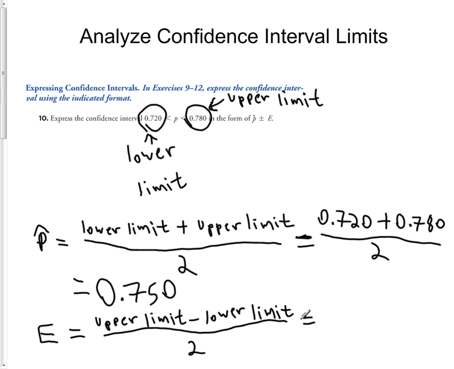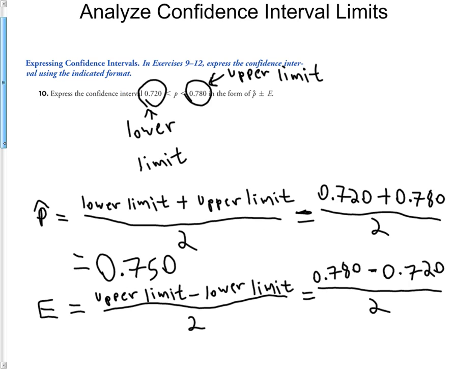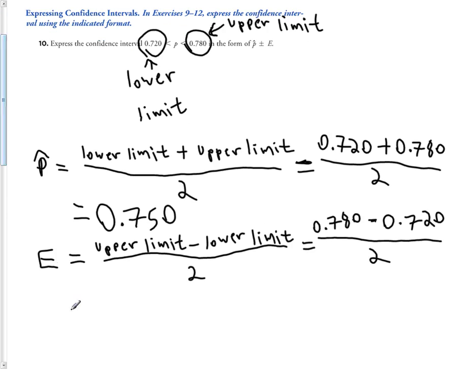That's going to be 0.780 minus 0.720 divided by 2, and that's actually equal to 0.030. So the margin of error is 0.030.